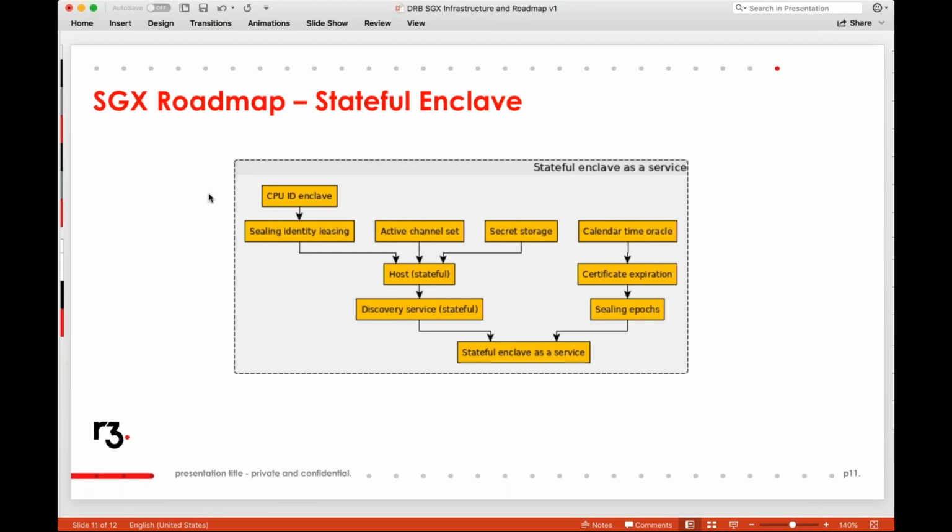For example, if we have enclaves that do redundant encryption of the ledger, we would need to make sure that we route to the enclave that has the key provisioned. So we need to build that into the discovery process. So that's this side of the tree, and the other side of the tree is solving the certificate expiration and time problem, which is a big question mark for me.